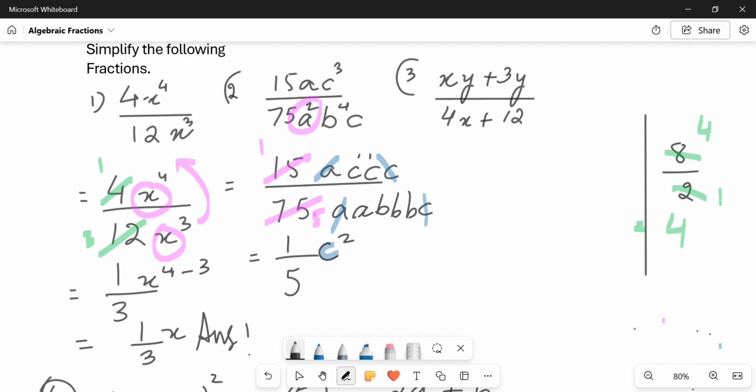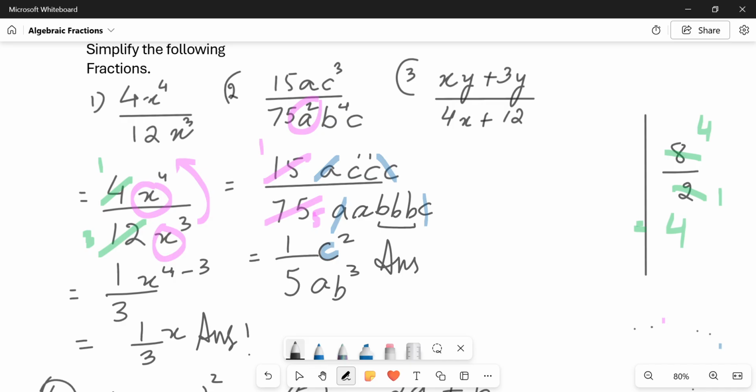And here we left a in the denominator, and b how many times? 3 times. So the answer is 1 over 5 c square over a b cube. Okay, this is the answer. This one was the second method, right?